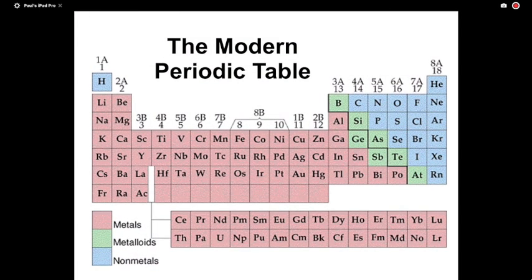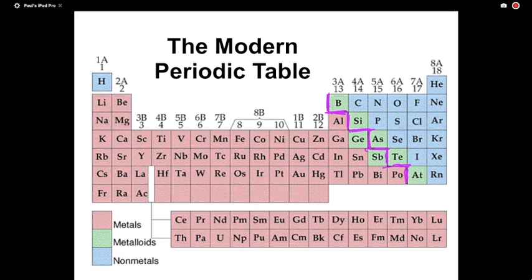When I take a look at the periodic table, there is an important stair step. And if you see it's a little bit highlighted, I will make it a little bit more. Right here, right there, right here, right there. This stair step is a dividing line.